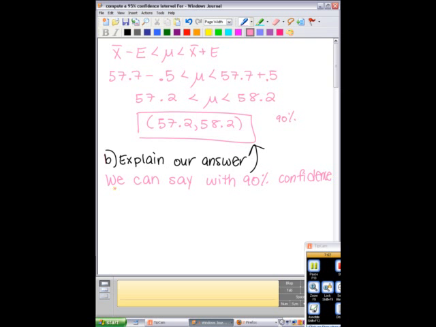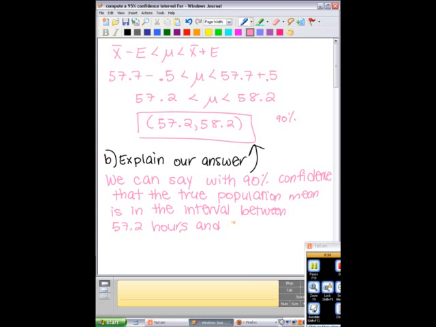that the true population mean, I like using the word true, is between, or is in, the interval, I'll write both those words, between 57.2, we're talking about hours, and 58.2 hours.